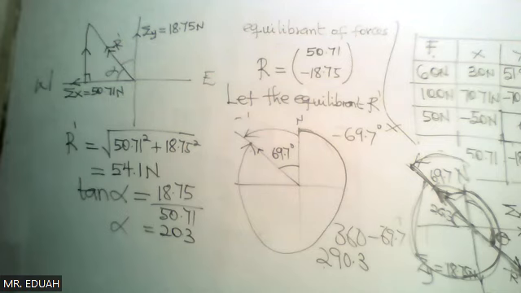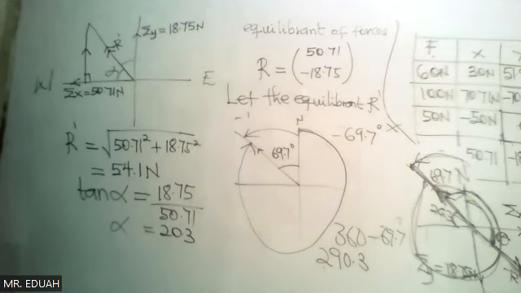The trick is to resolve each one into components. And they are acting on a system in equilibrium. If a number of forces acting on a body are said to be in equilibrium, what does it mean? It means they all balance out. Yes.